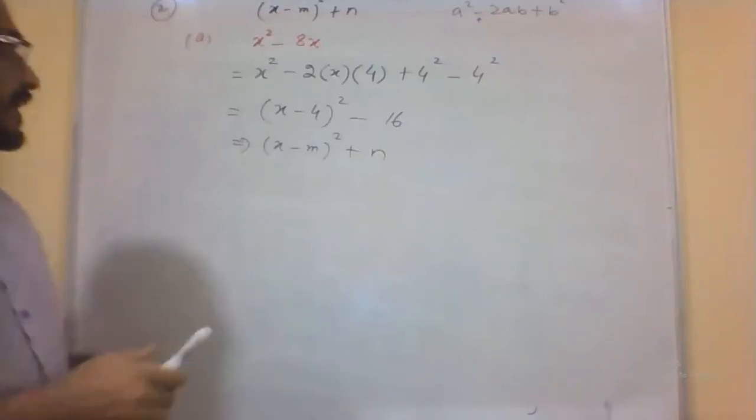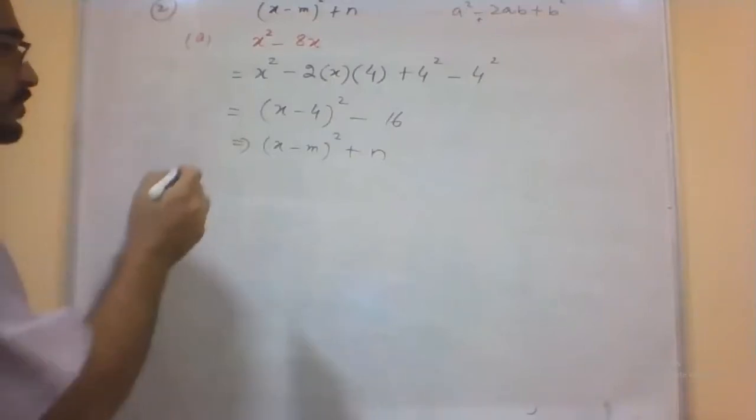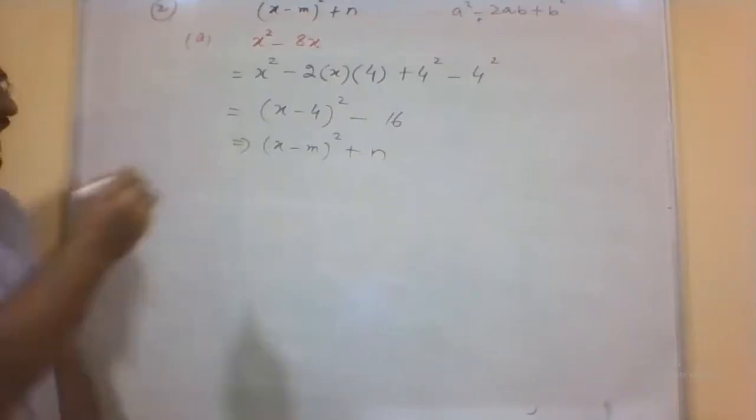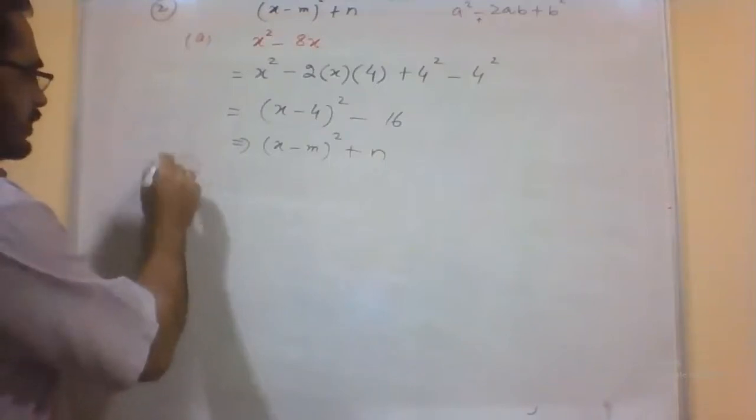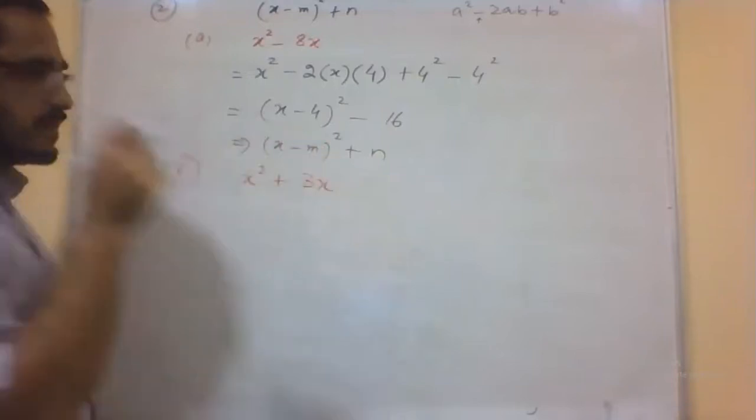Then the last part of question number 2 is part H: x square plus 3x.